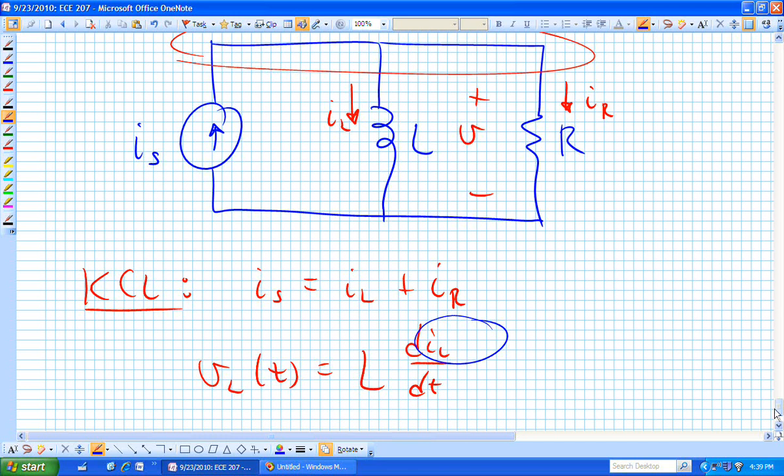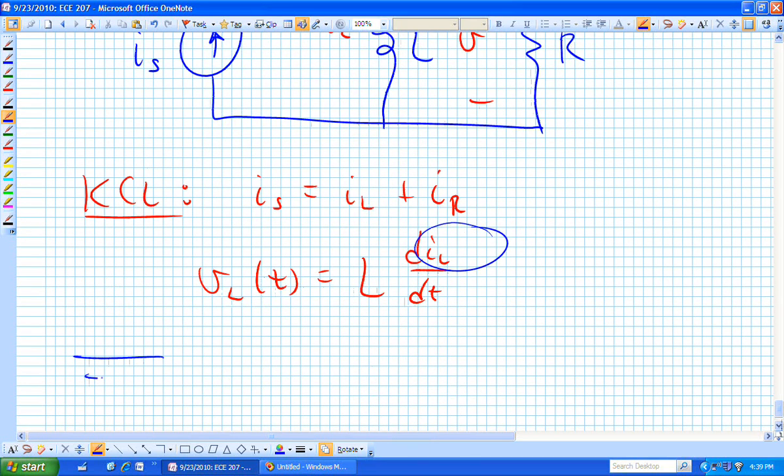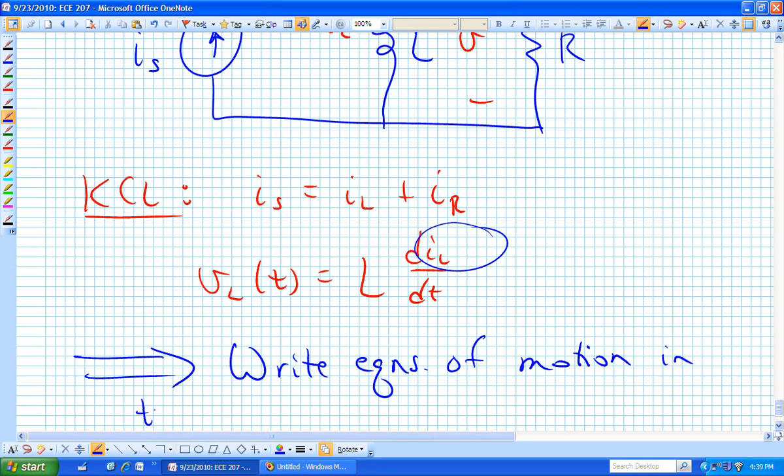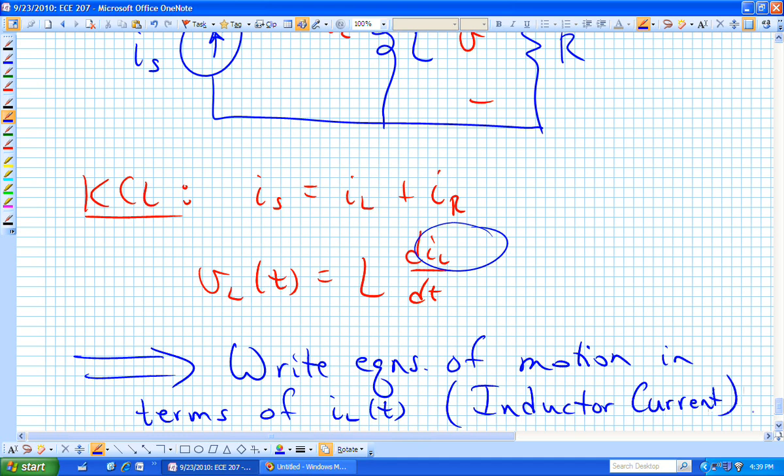Meaning we want to write the dynamic equations in terms of I sub L of t, which is our inductor current.